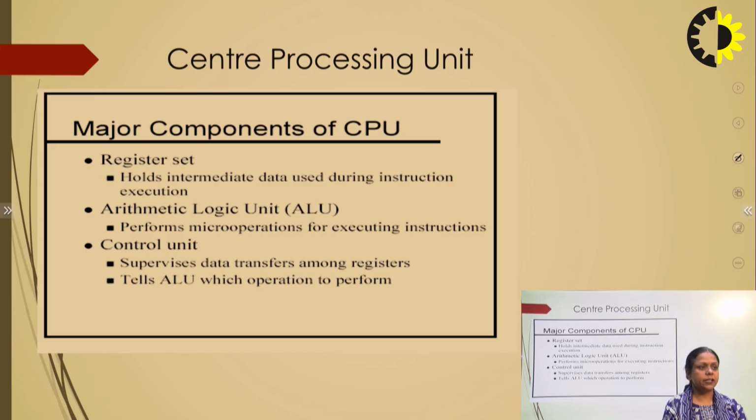So we can say that the register is the memory element which stores the data, the ALU is used for performing operations in the CPU, and the control unit is responsible for the overall operation of the CPU.